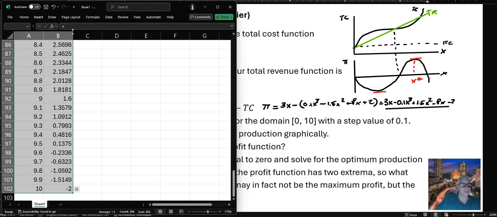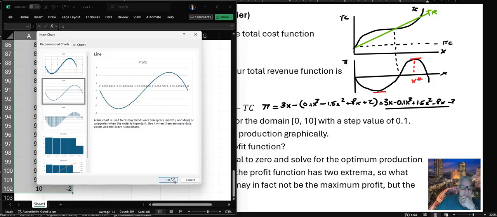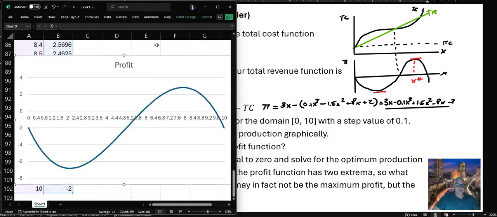And yeah, I must have made a mistake somewhere. So this is the function that we should get. This is the correct graph, similar to the one that we could derive from sketching those functions.